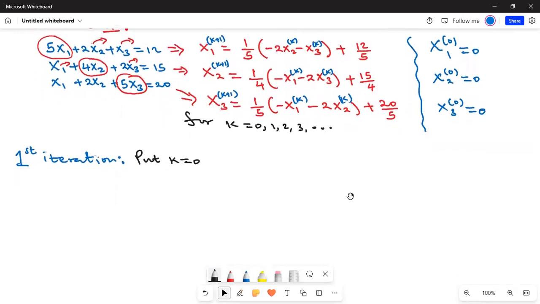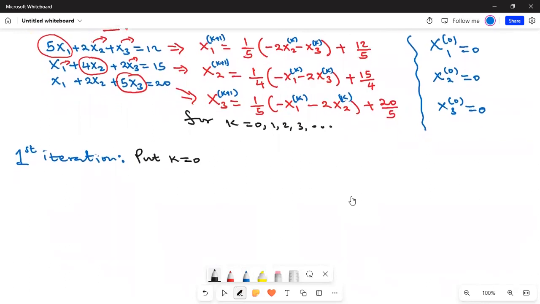Let's start with the first equation. x1 at level 1 will be equal to 1 over 5 times negative 2x2 at level 0 minus x3 at level 0 plus 12 over 5.